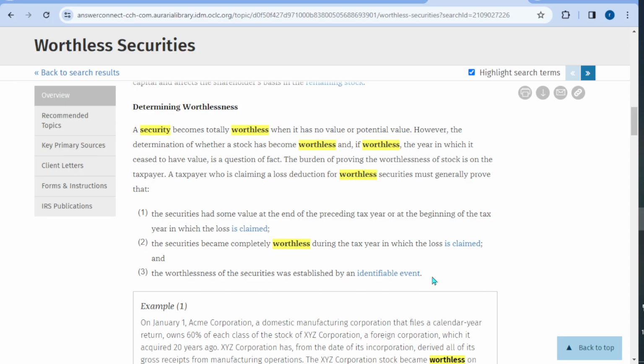Therefore, we can fully deduct the value of it against our capital gains. So let's say ultimately we have 100 shares. We bought the shares at $3 at the beginning of the year, January 1st, 2023. And then come September 30th, it's worthless, so it's worth 0.